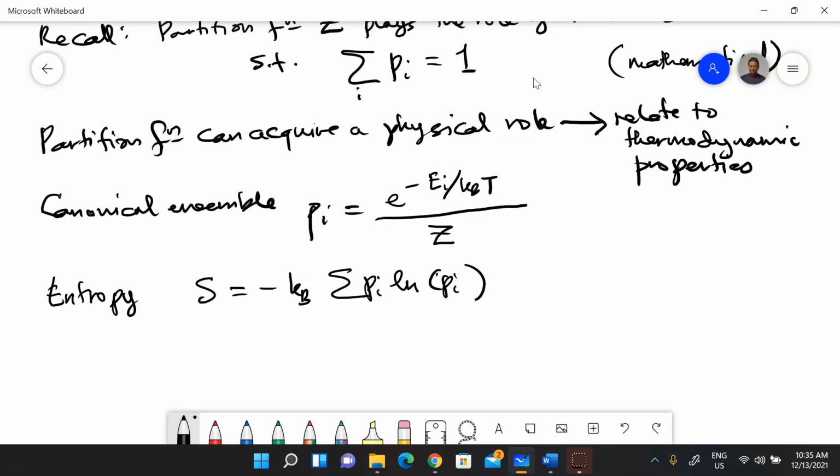Now what one can do is to write your log p_i. Because p_i is given by that, right?